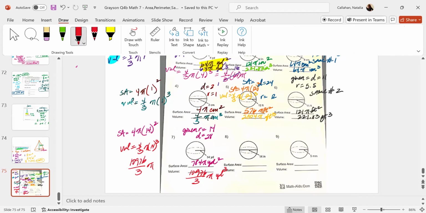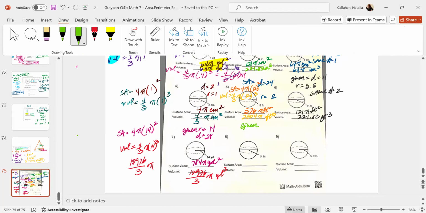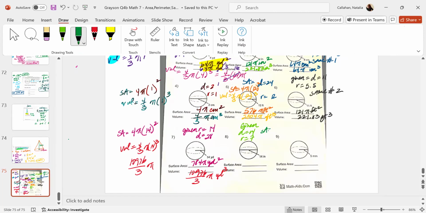Okay, number 8, what's given? So what's your radius? Okay, now let's go ahead and find the surface area. Seven squared is 49, times 4, 196 inches squared.